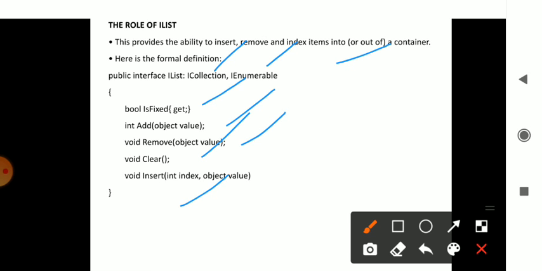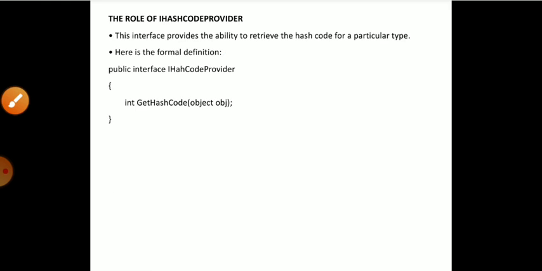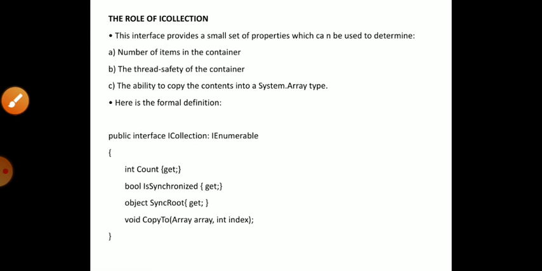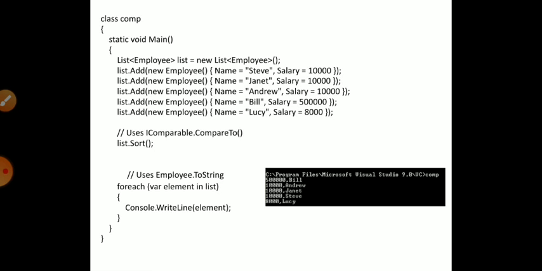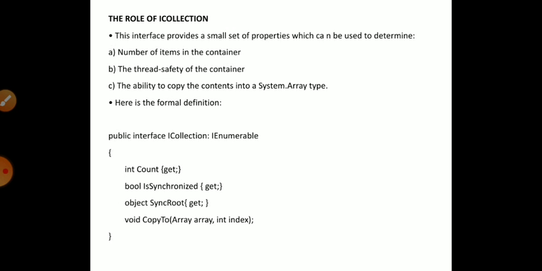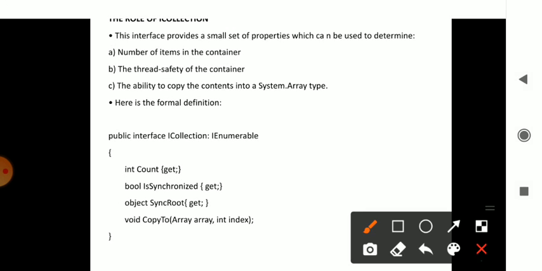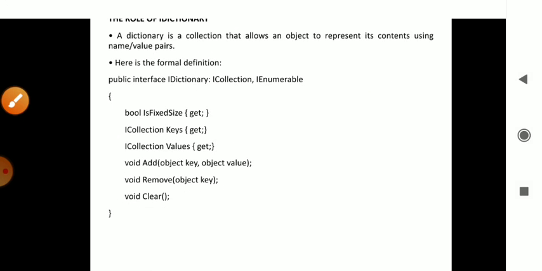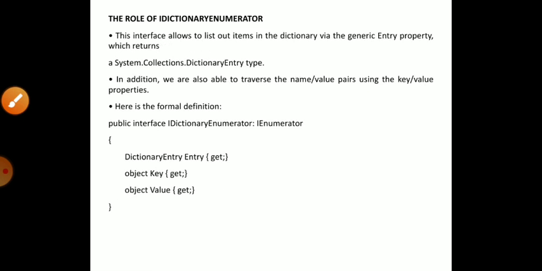These concepts you have learned today are mainly basics. You have learned about the role of ICollection, what it does, and the number of things done within the ICollection. Then you learned the concept of IDictionary, then IDictionaryEnumerator within the programmatic concept.